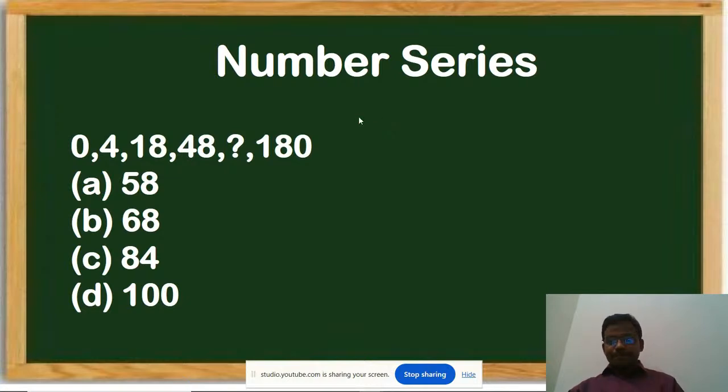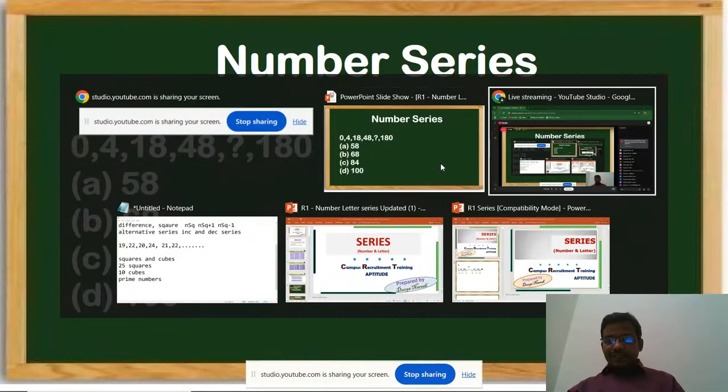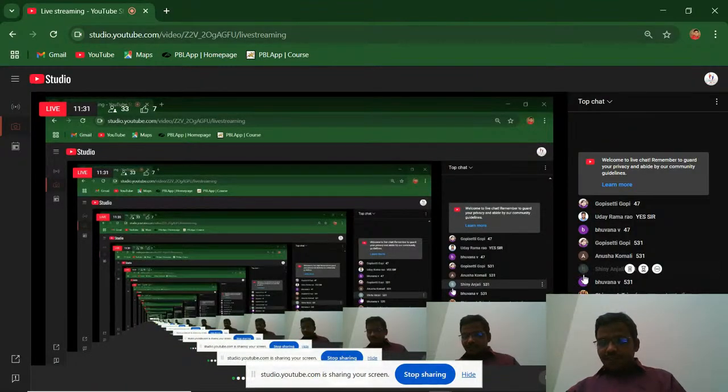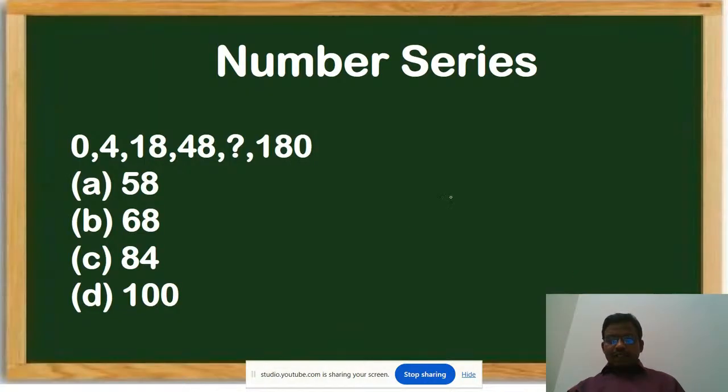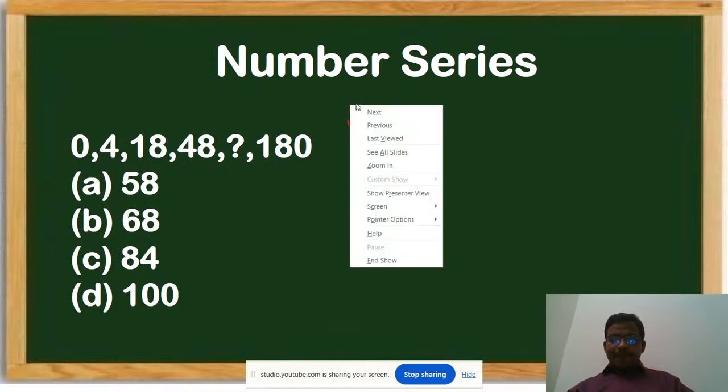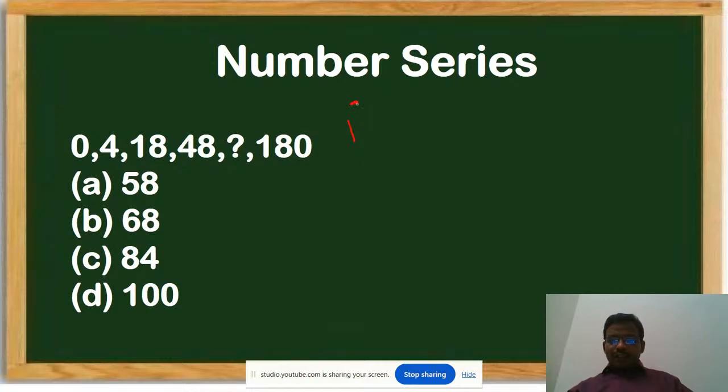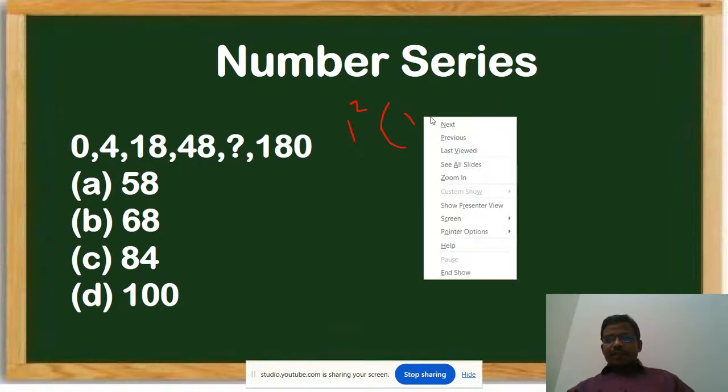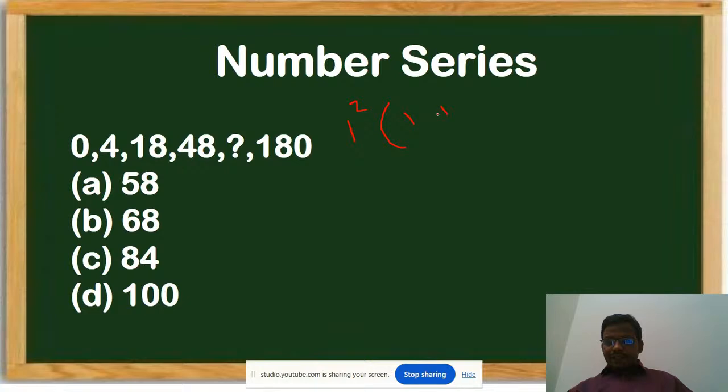For example, 1 square into 1 minus 1: 1 square is 1 and 1 minus 1 is 0, so 1 into 0 is 0.